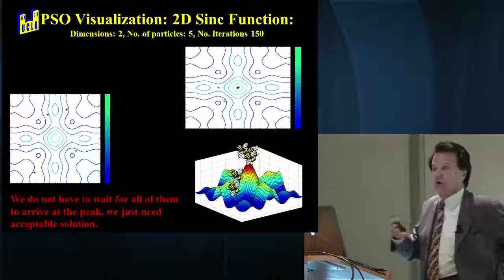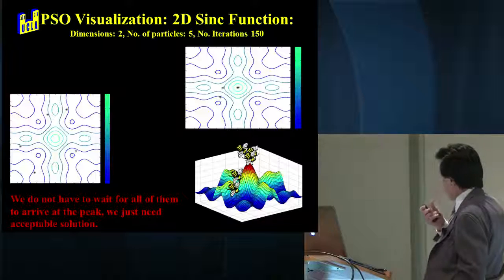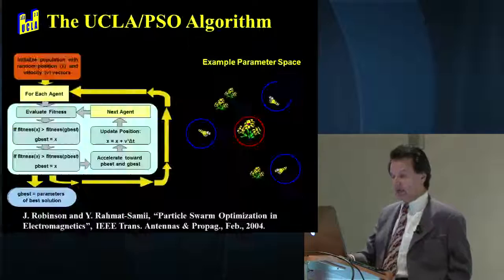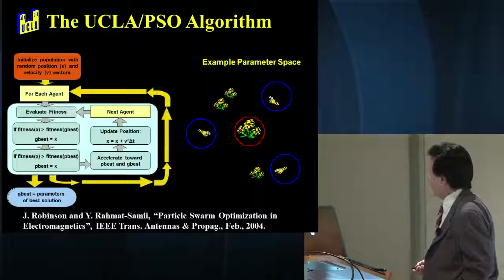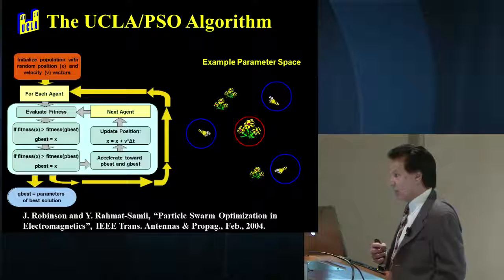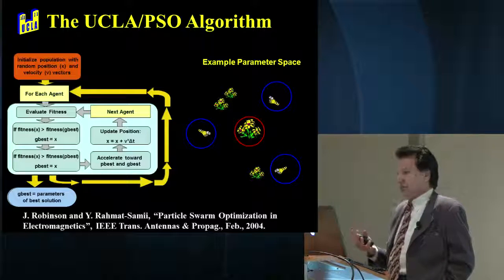You of course need one of them to get to the peak, or any solution that you desire, and then you say you are done. We have developed algorithms for this, as many other people have. This is not only us; many other people have done that. So you can put this concept into an algorithm. If you have an antenna to design with 5 parameters, it's a 5-dimensional space.